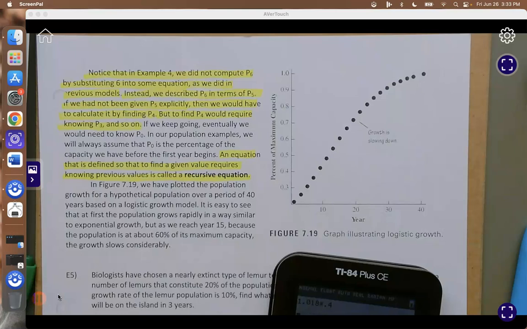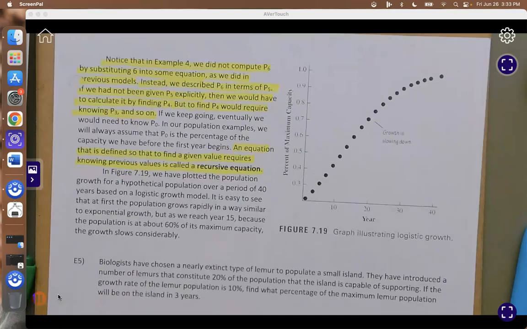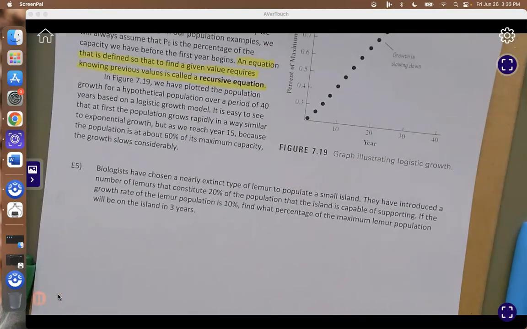Okay, so that's what we're going to be doing with this next one. Okay, because they're not going to tell us the previous year. So we got to go all the way back to the beginning and calculate up to what we need. Okay, so biologists have chosen a nearly extinct type of lemur to populate a small island. They have introduced a number of lemurs that constitute 20% of the population that the island is capable of supporting.